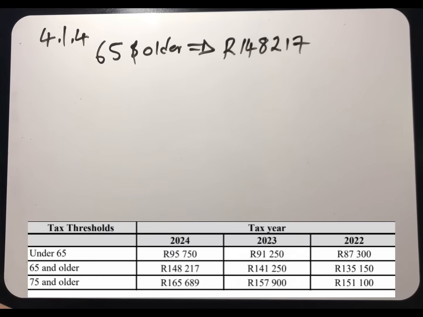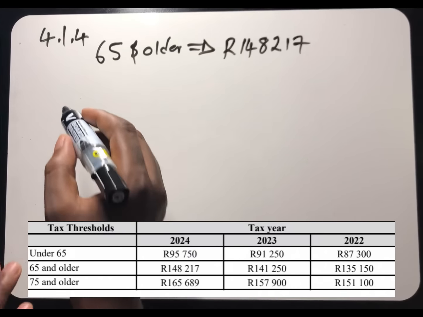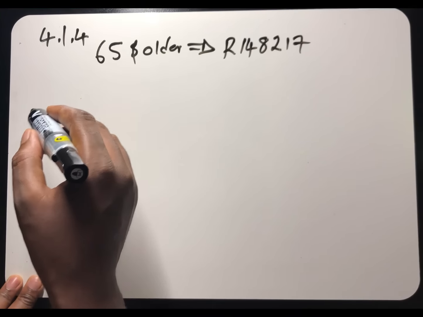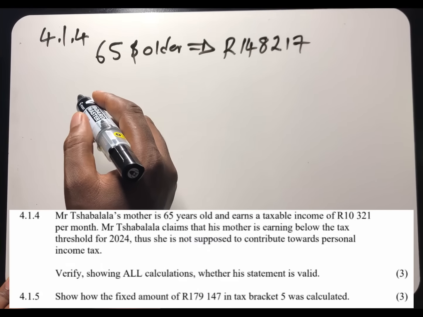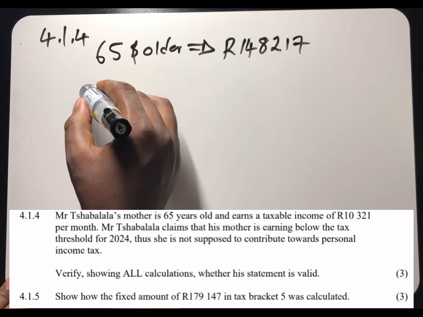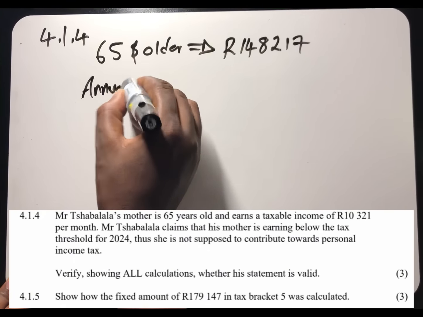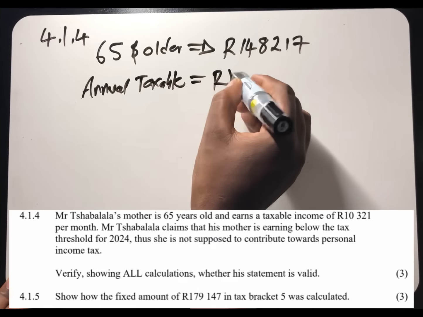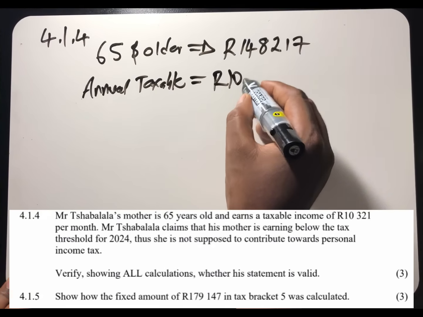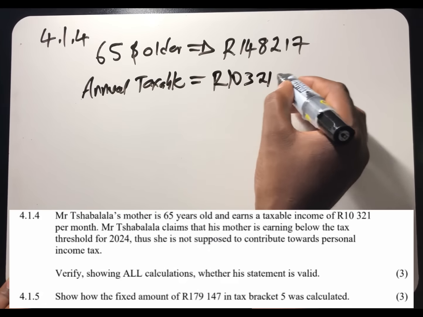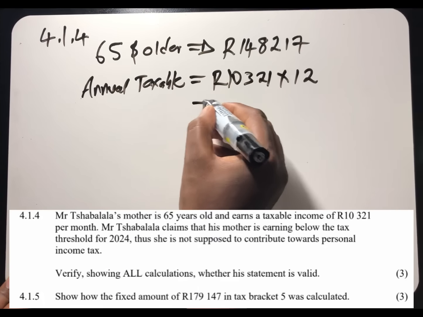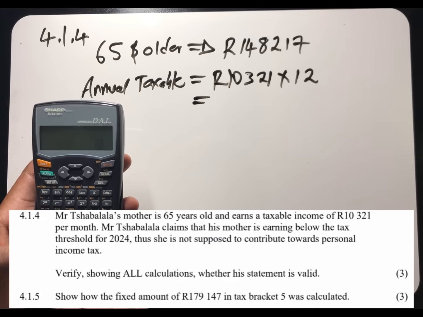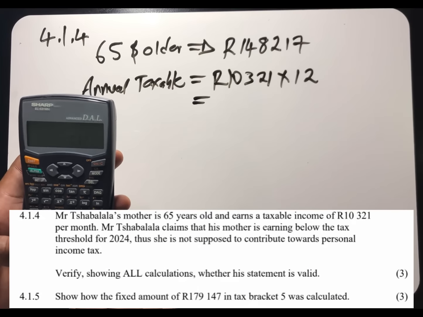So let's do that. Mr. Chawalala's mother's annual taxable income is going to be 10,321 rands multiplied by 12.